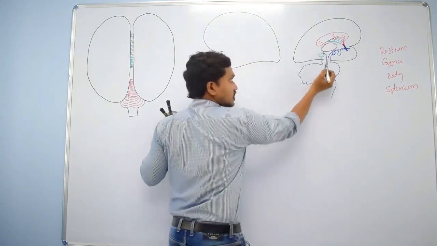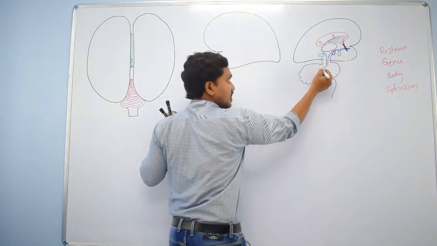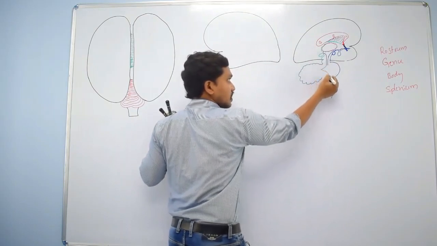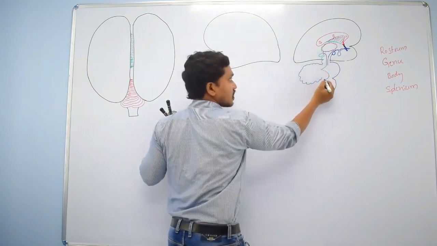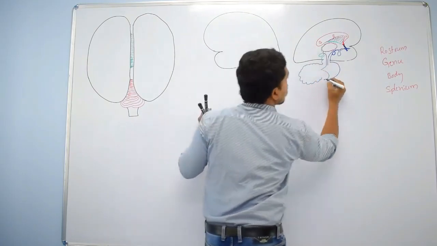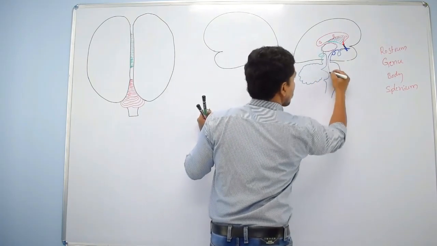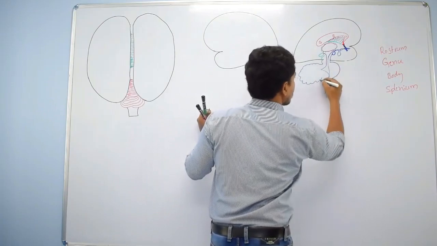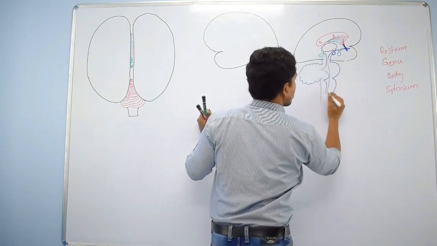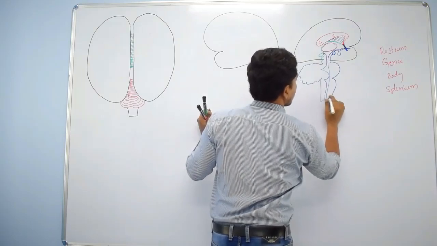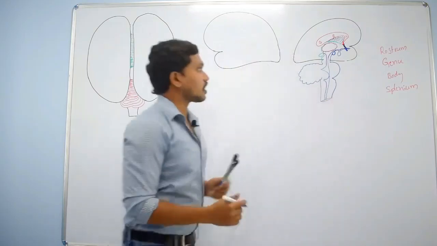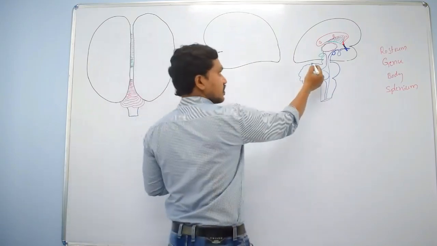This aqueduct of Sylvius continues as the fourth ventricle, and this is continuous as the lower part, the spinal cord, right?